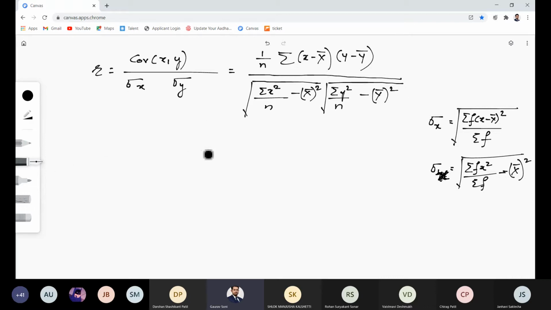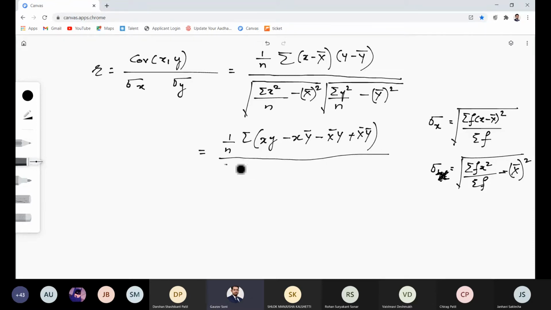So if you simplify this, let's open the bracket in the numerator. So what we will have? Summation xy minus x into y bar minus x bar into y plus x bar y bar.